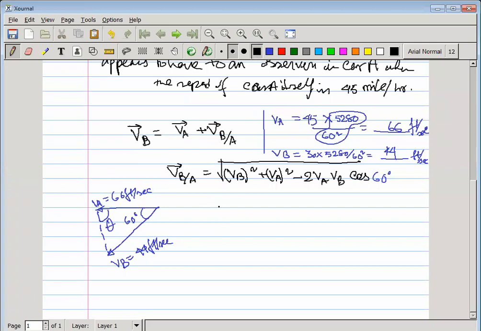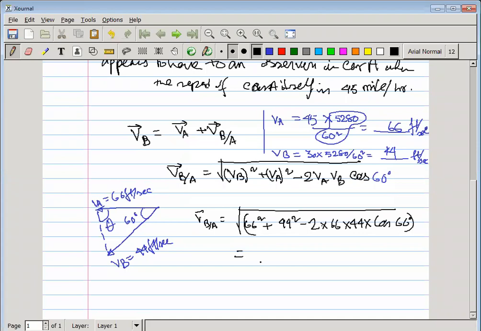So after solving this, what do we find? The VB/A vector is nothing but the root of 66 squared plus 44 squared minus 2 into VA into VB into cos 60 degrees. Please solve this one and tell me what is the magnitude.